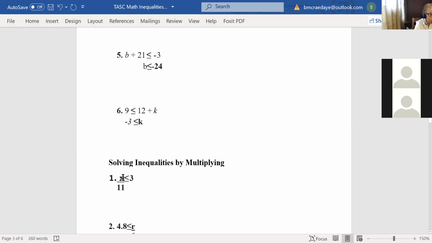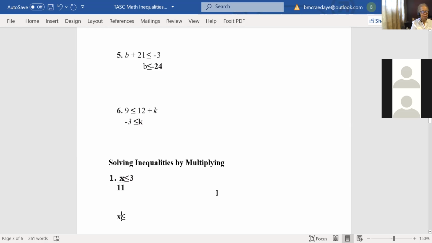So, Maureen, what is x? I put the inequality symbol. Tell me what x is. I'm going to put x here on the left. Now this is multiplying.